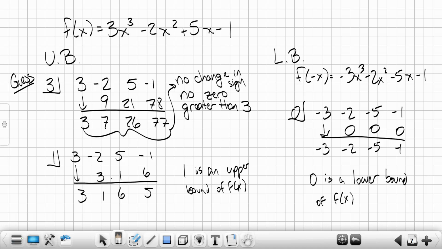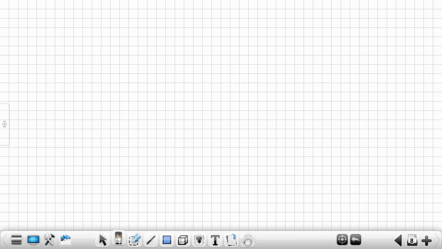So let's do a non-numerical example really quick. Okay, Nathan. Victoria, I've got some polynomial, whatever it is. I always do these upper bounds and lower bounds side by side. So my upper bound, I'm going to try some number, right?